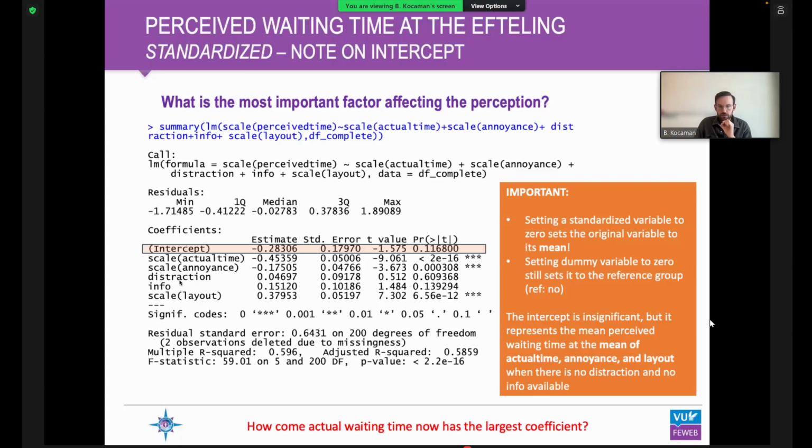So for the dummy variables also, intercepts represent the reference group, right? So when you set distraction and info to 0, this goes to their reference group.